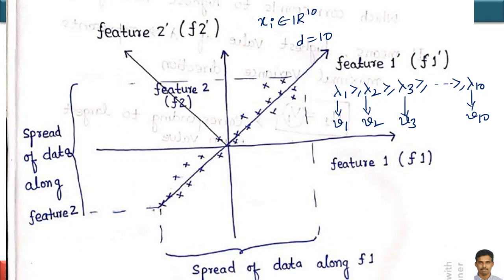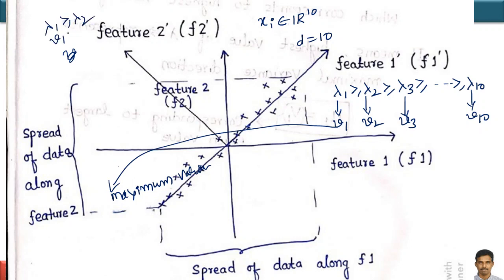Now, v1 will correspond to the direction of maximal variance. In the case of 2 dimensions, if there are 2 eigenvectors and eigenvalues, lambda 1 greater than or equal to lambda 2, then v1 indicates the direction with maximal variance, maximal spread.